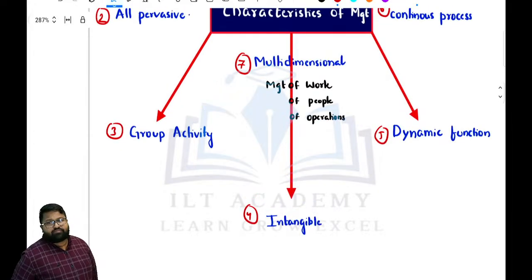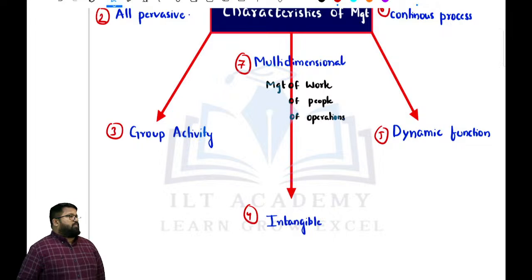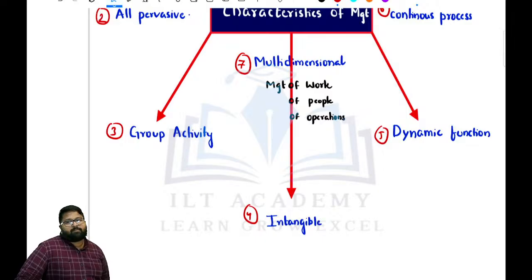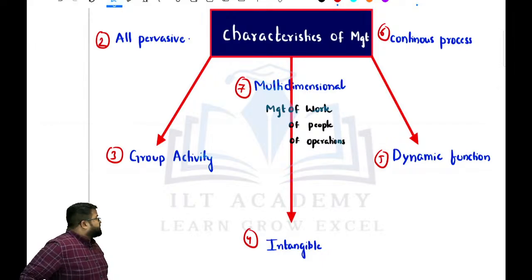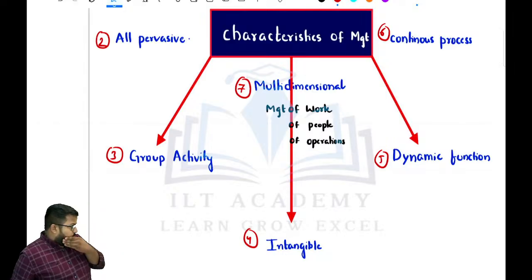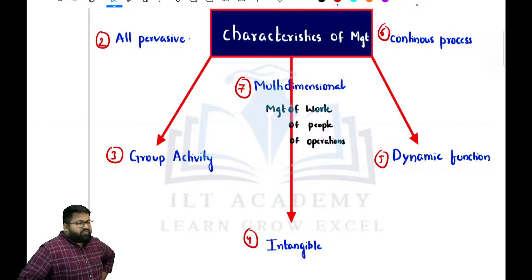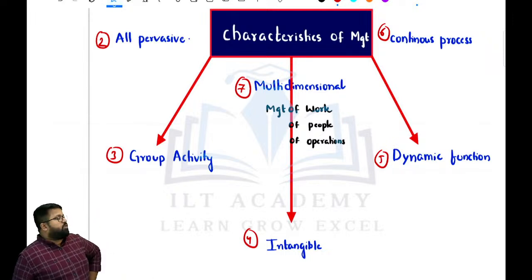Fourth one, intangible. Fifth one, dynamic function. Sixth one, continuous process.